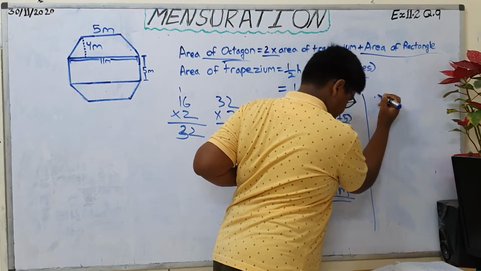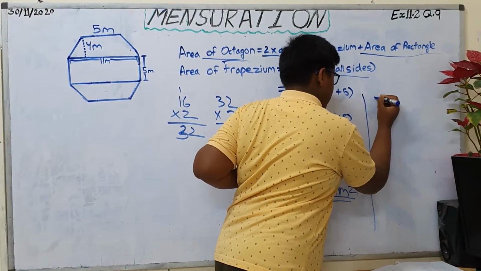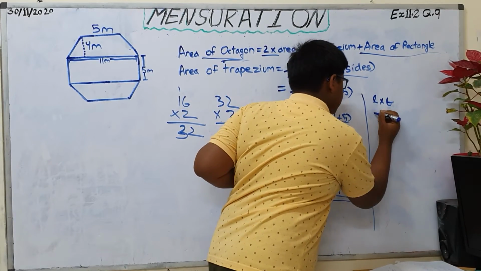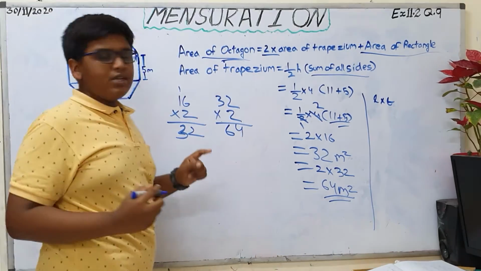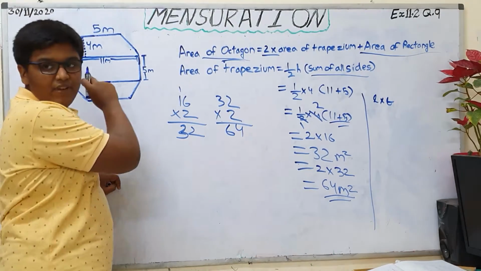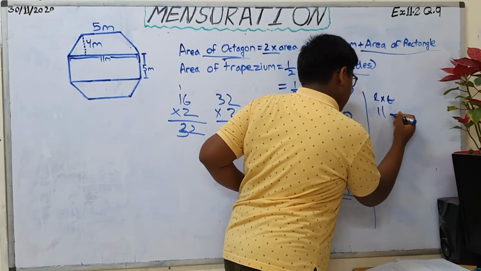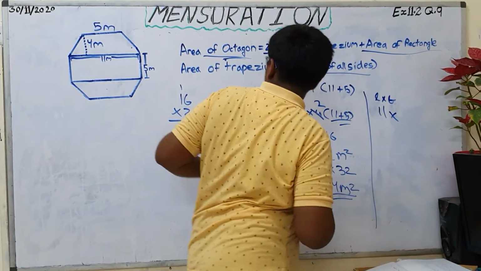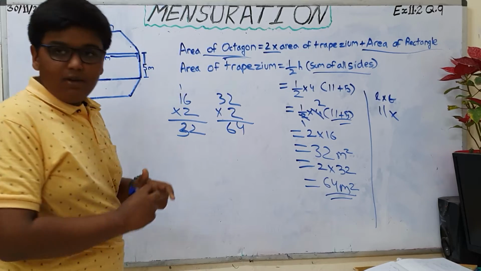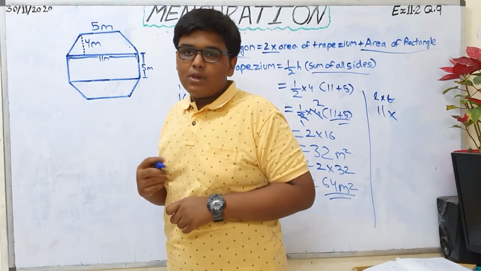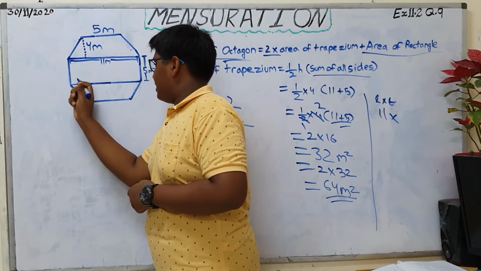So L into B. Now what is L? As I mentioned, the L is 11 meter. Now length is equal to 11 into this 5. This 5, how? This 5, we will get this breadth.